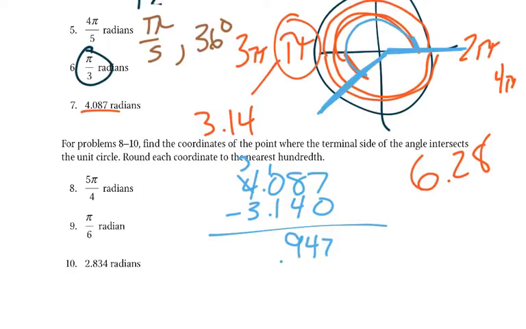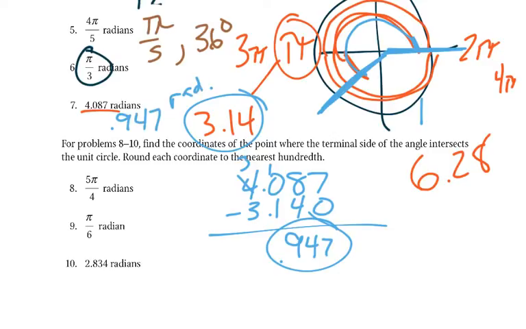If we cut 3.14 in half for 90 degrees, that's bigger than 0.947, so 0.947 radians is our reference angle. If we really wanted to, we could go 0.947 times 180 divided by pi to put it in degrees to give us some sort of idea, but we can leave it like that.